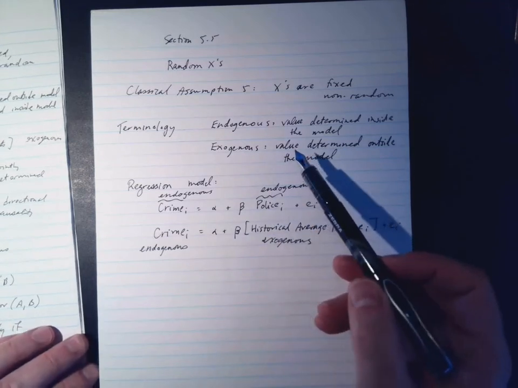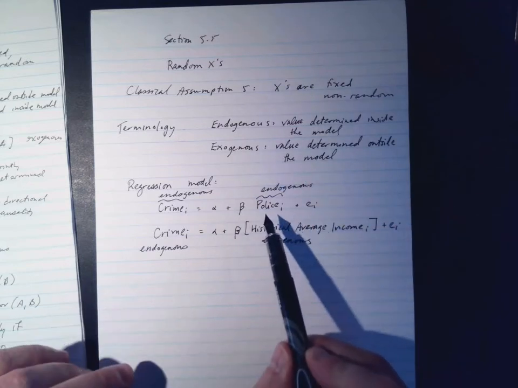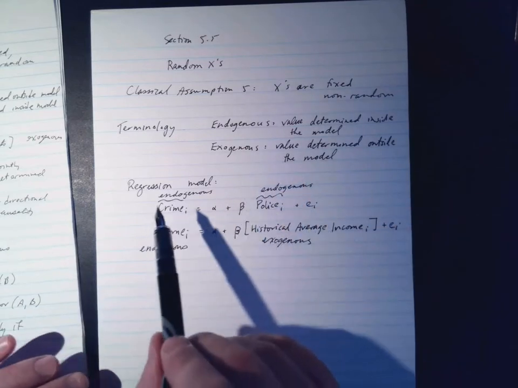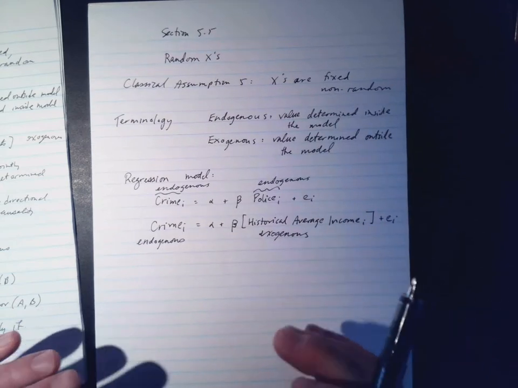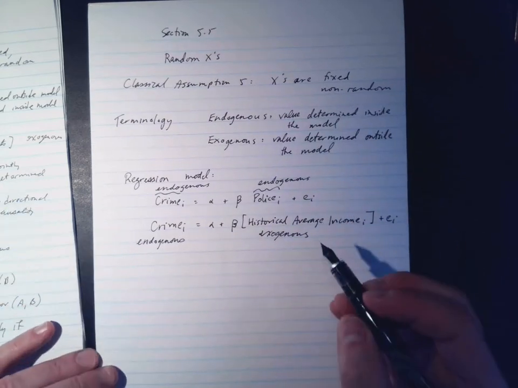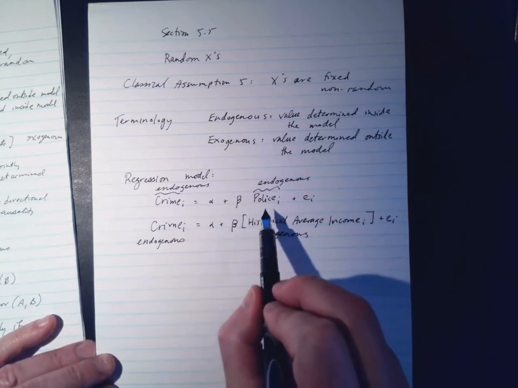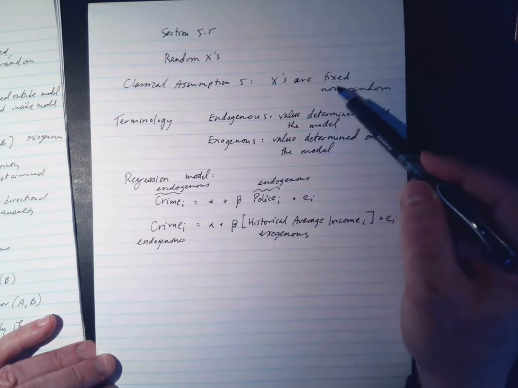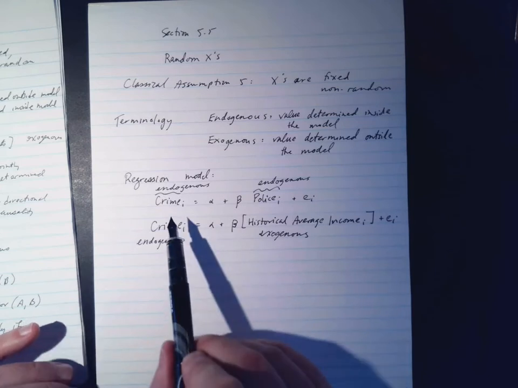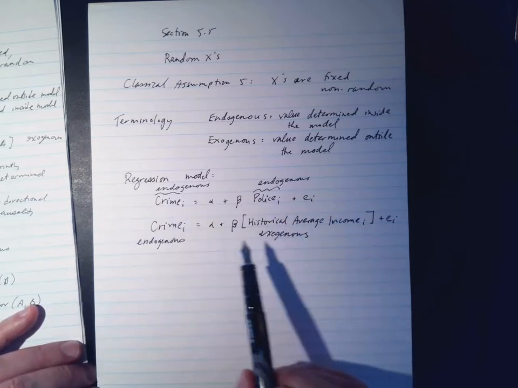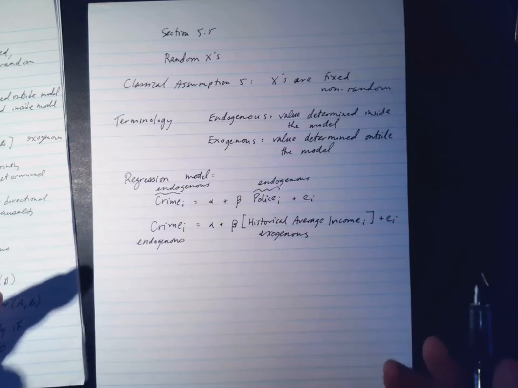And so that's one of the things that can cause this assumption to be violated. Now, there can be other things that cause x to be a random variable, as we'll see, like measurement error. But we typically encounter this as a problem when we have an economic model with endogenous variables on both sides of the equation. And it can be very common.